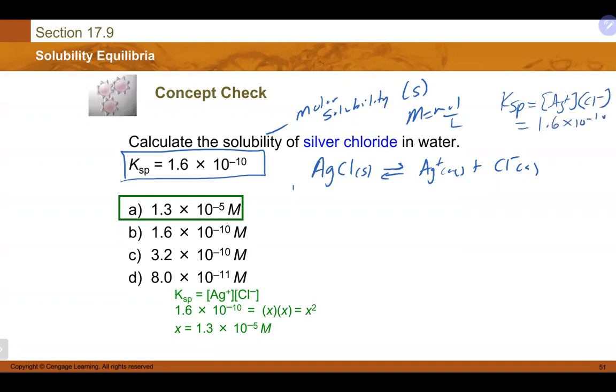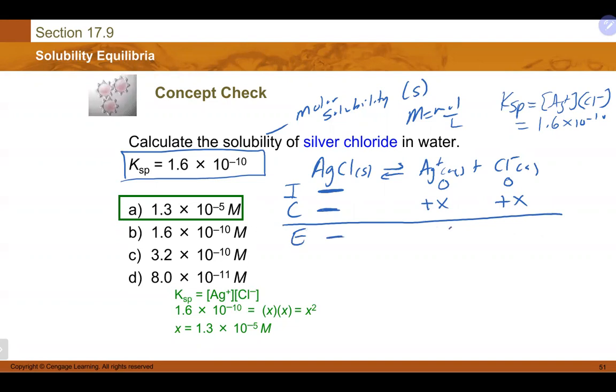So if we did our ice table, once again, we're not going to worry about this guy because he's a solid. We have nothing to begin with here, so we'll put zeros. Our change, once again, not worrying about this guy, will be plus X and plus X because it's on the product side, so it should be increasing, which means at equilibrium we have X and X. Just like we did with the other ice table, we take these and put them into our expression.